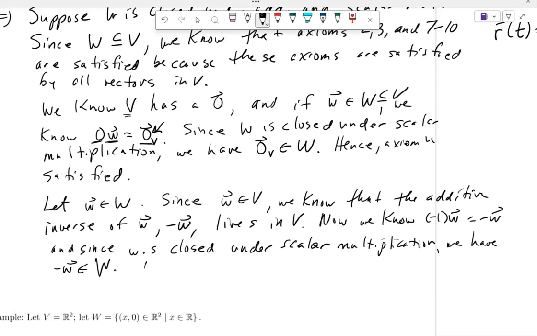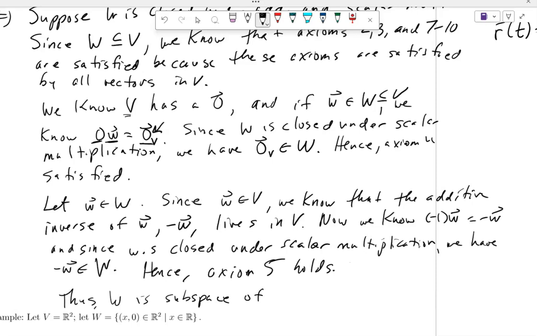So then we have that axiom 5 holds. 1 and 6 are the closure axioms, which we're already assuming hold. So finally, we can say W is a subspace of V. Okay. So that puts your proof all in the same place. It verifies that we really can just check the 2 closure axioms.